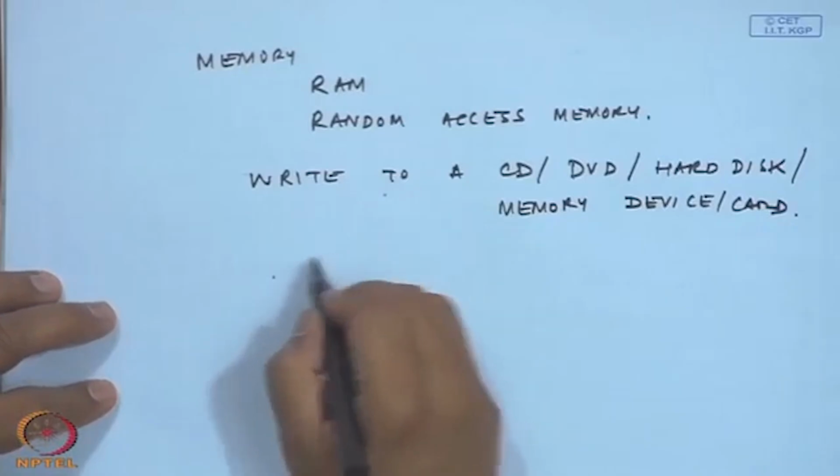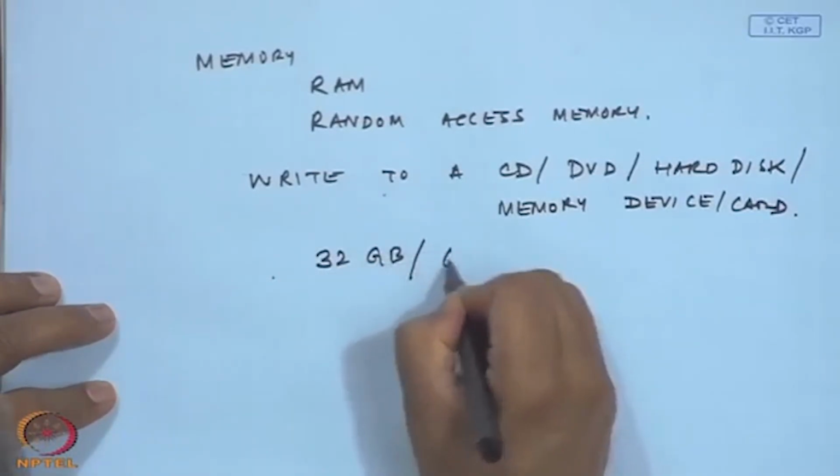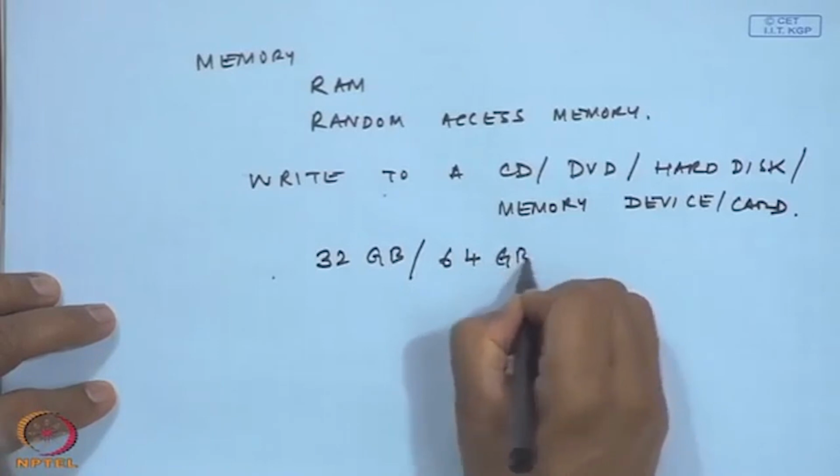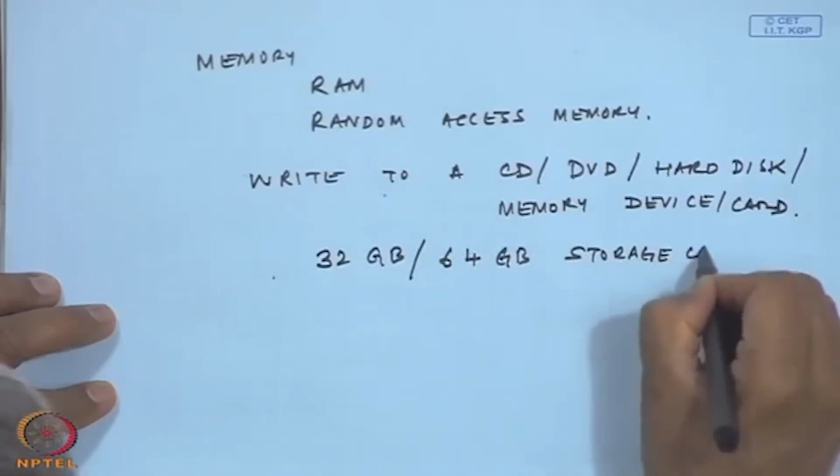Nowadays, you get cameras, flash cards with 32 GB or 64 GB storage capacity.